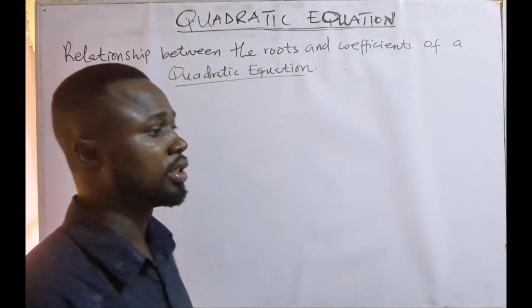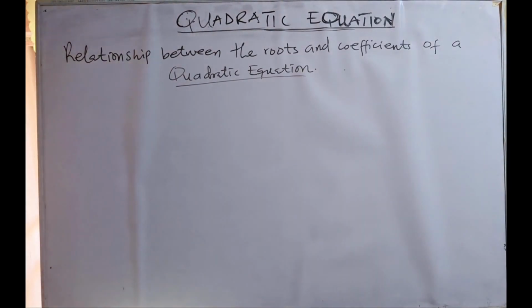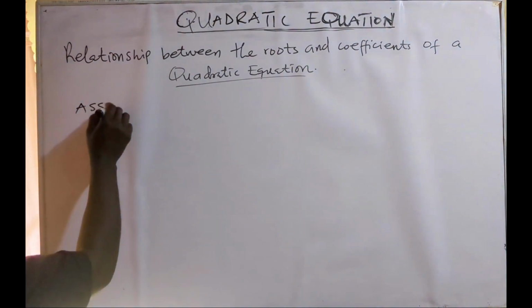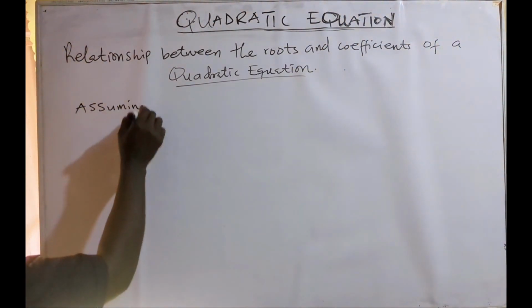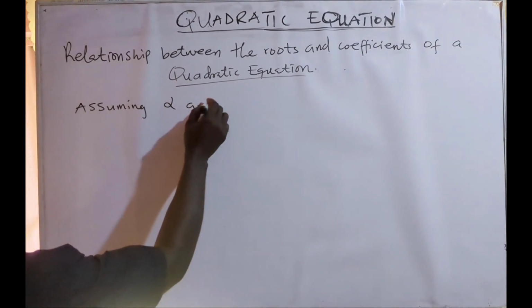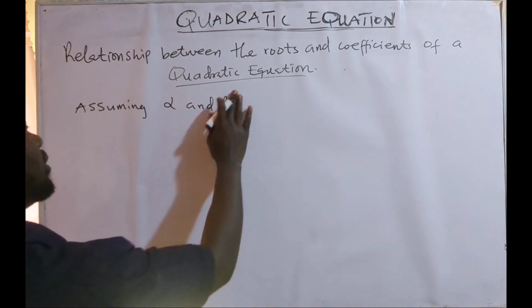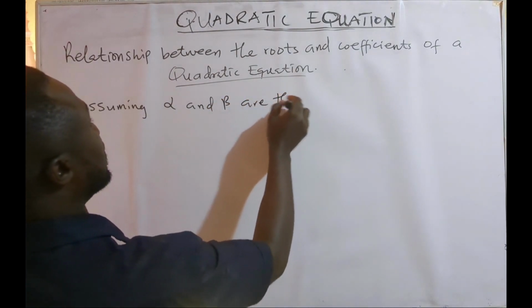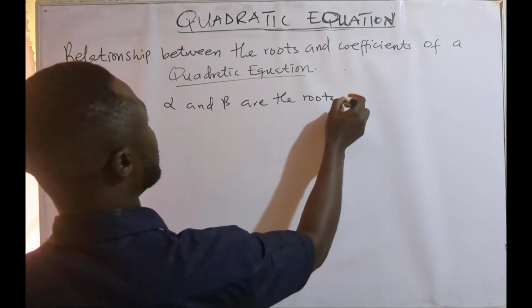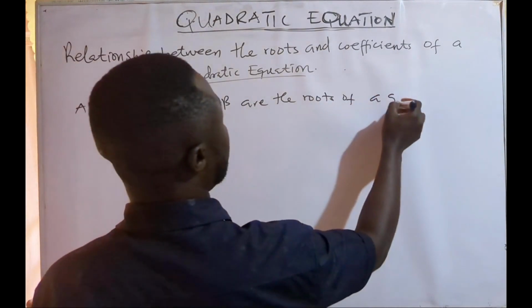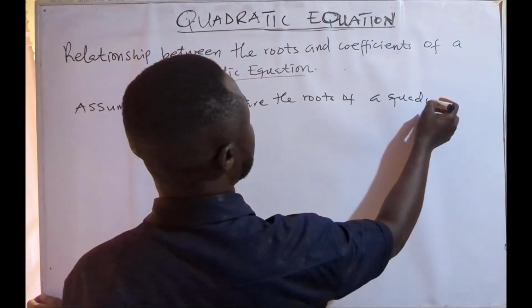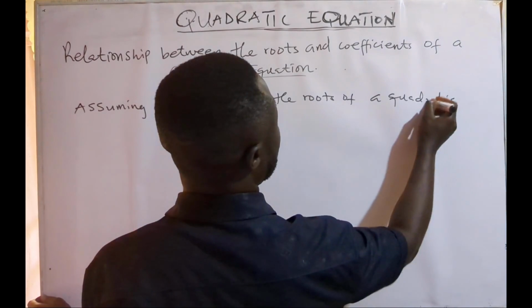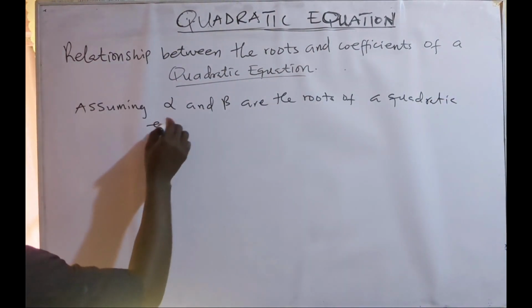All right, so let's say that alpha and beta are the roots of a quadratic equation.